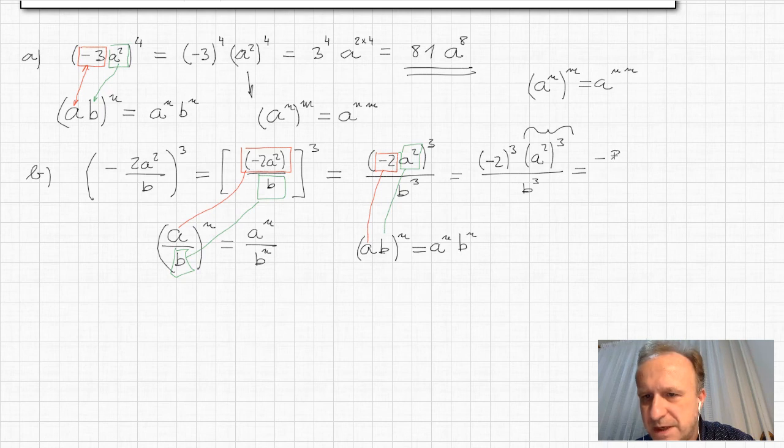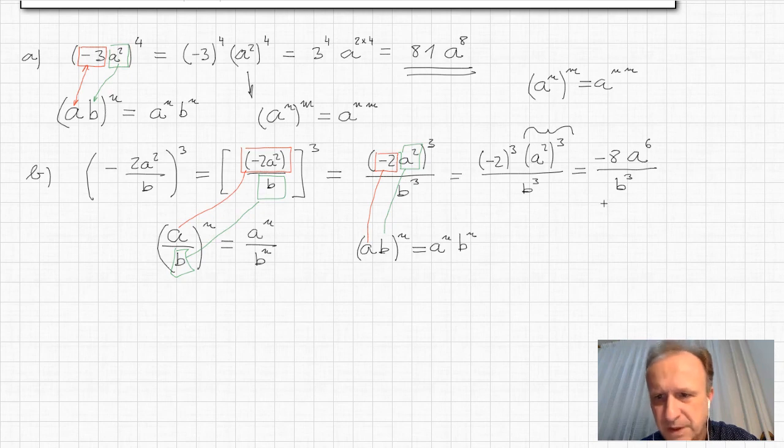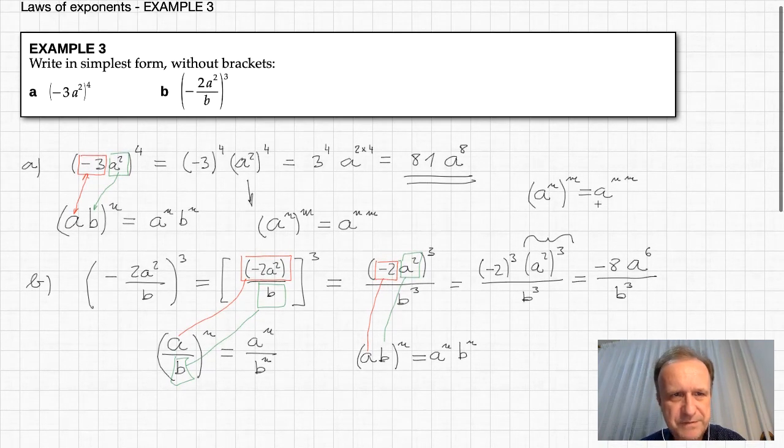So it's minus 8 times the second factor, simplified using this formula: a to the power of 2 times 3, which is 6, divided by b to the power of 3. And this is actually the final, or the simplest form without brackets, and this is what we wanted.